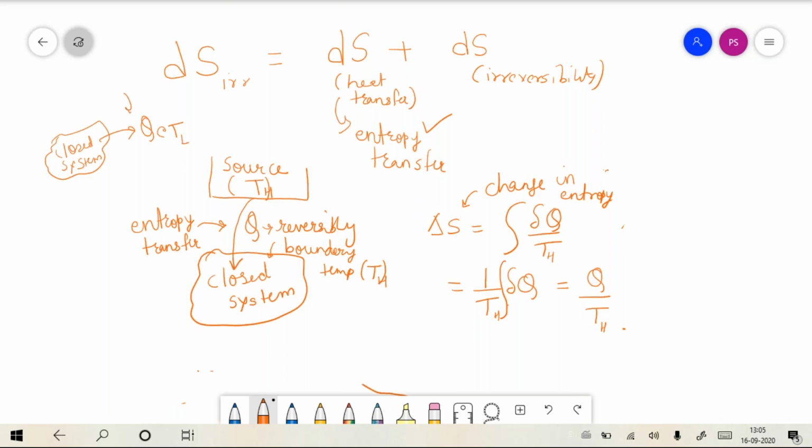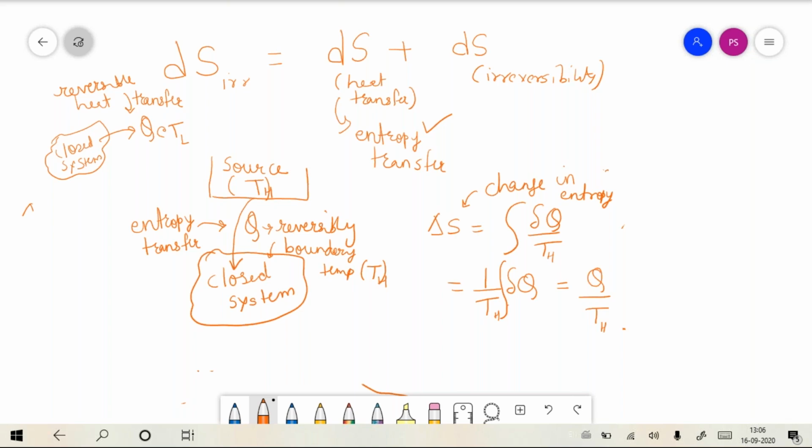There is a reversible heat transfer now, but what is the difference between this case and the earlier one? The difference is that this reversible heat transfer has happened in the opposite direction. That is, the system is losing the heat. So if the system is losing the heat, what would happen to the entropy change of the system?